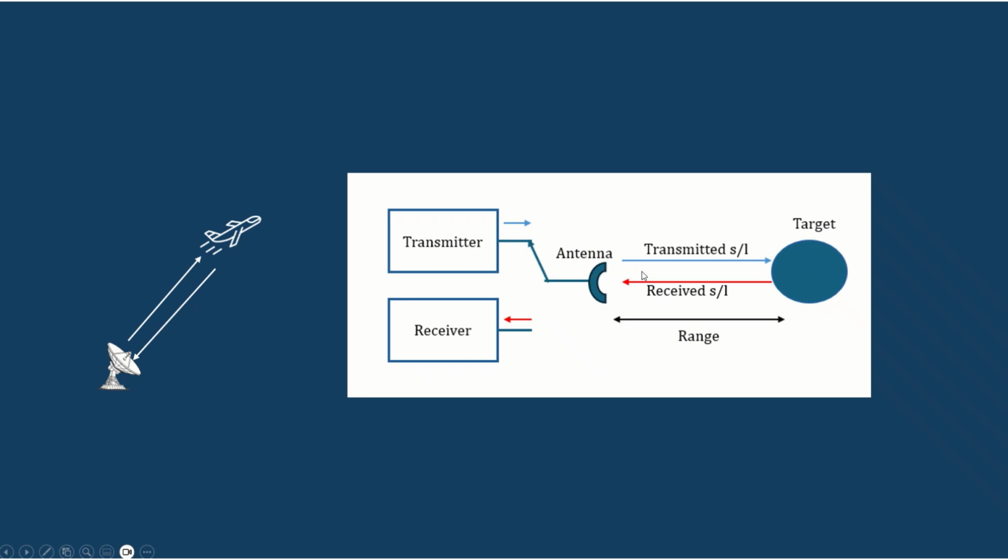The antenna transmits the electromagnetic wave, and when it hits the target, some part is reflected back, received by the antenna and given to the receiver section, which processes it to get information about the target. So that is the monostatic radar. It has only one antenna acting as the transmitter and the receiver. That is the name monostatic.